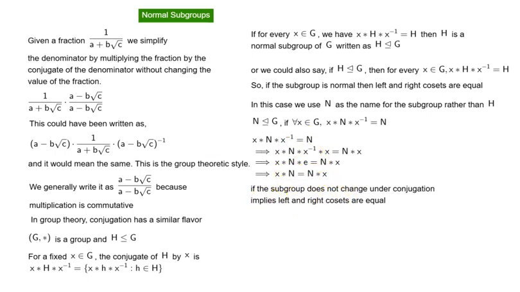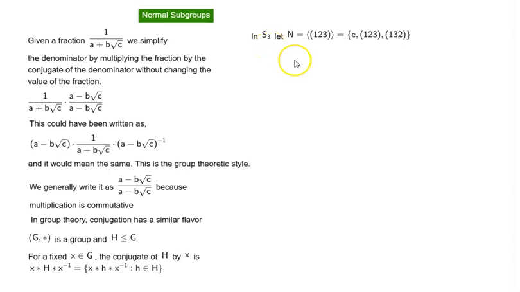Now let's look at an example. The group S3, let N be the subgroup generated by the permutation (1 2 3). That is equal to {e, (1 2 3), (1 3 2)}. So N is a subgroup of S3.